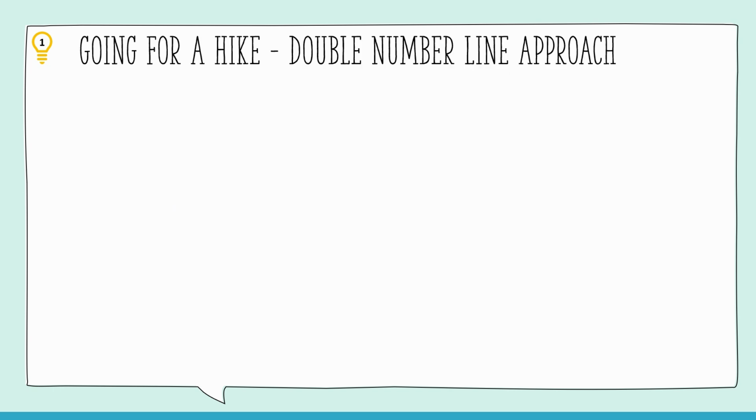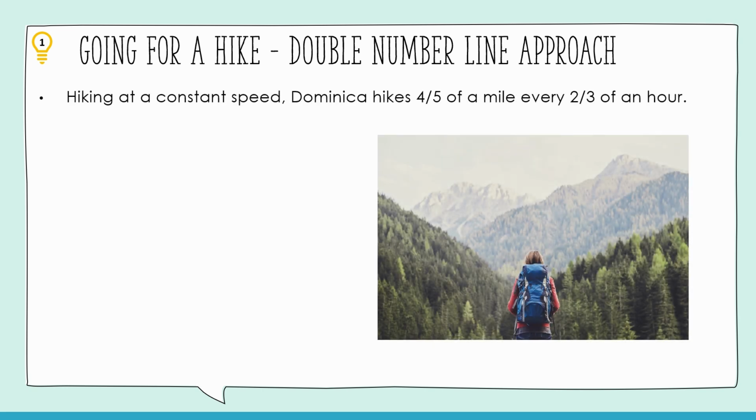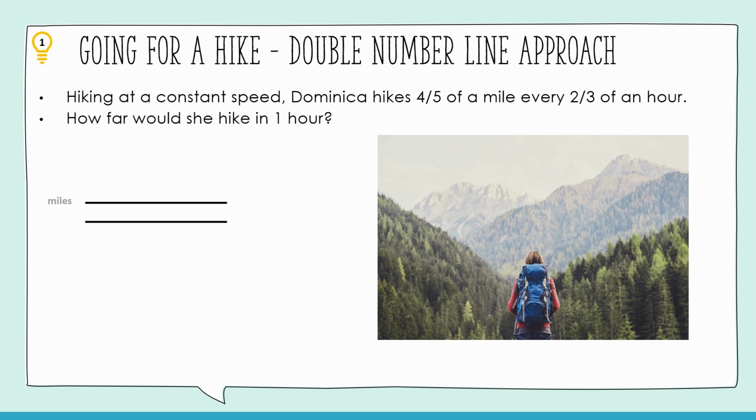Using the same double number line approach, let's now revisit the hiking problem with Dominica, where the goal is to find how far she hikes in 1 hour. As before, we set up 2 lines with the given quantities and the goal labeled as single tick marks passing through both lines.